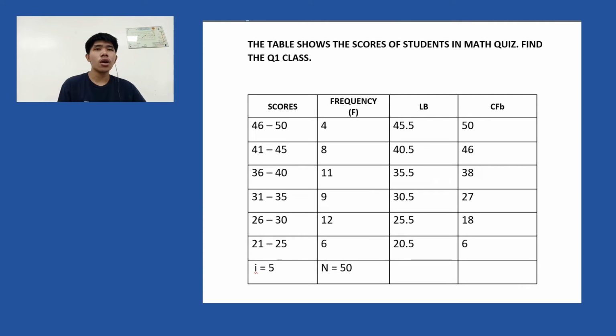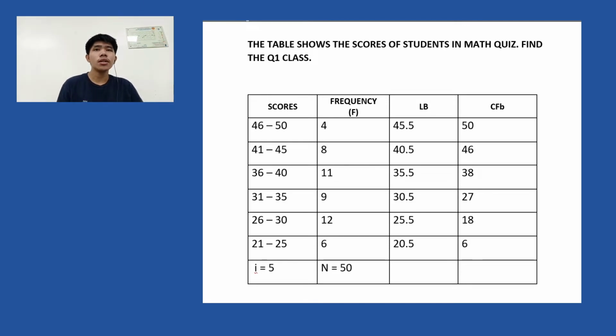The next column is the frequency, or how frequent the score occurred. For example, we have 21 to 25. The frequency for that is 6. That means that there are 6 students who got a score within that range.